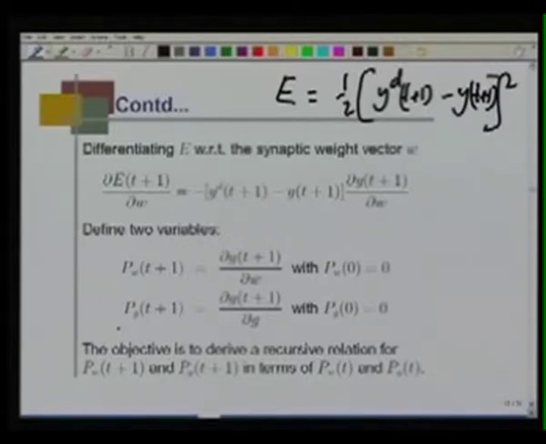Similarly, Pg t plus 1, g being another weight, is del y t plus 1 with respect to del g.